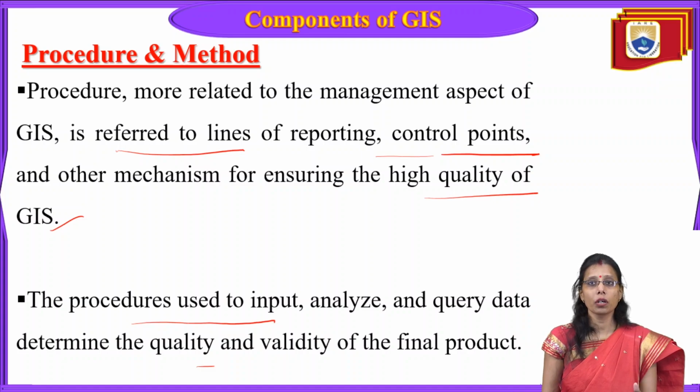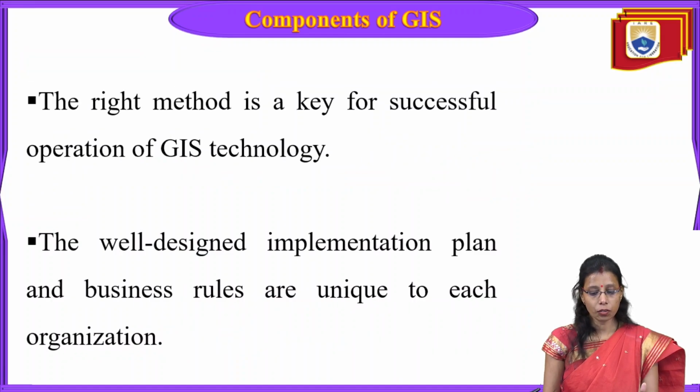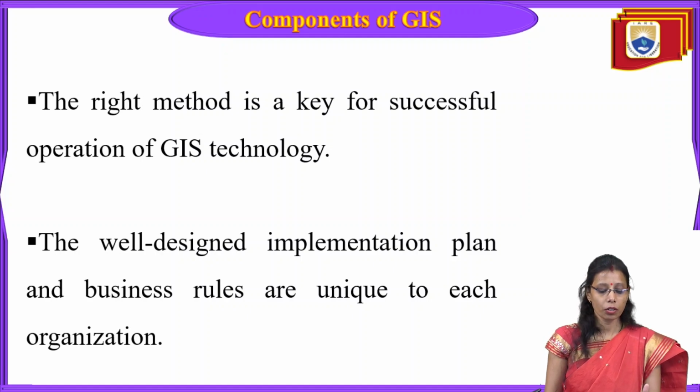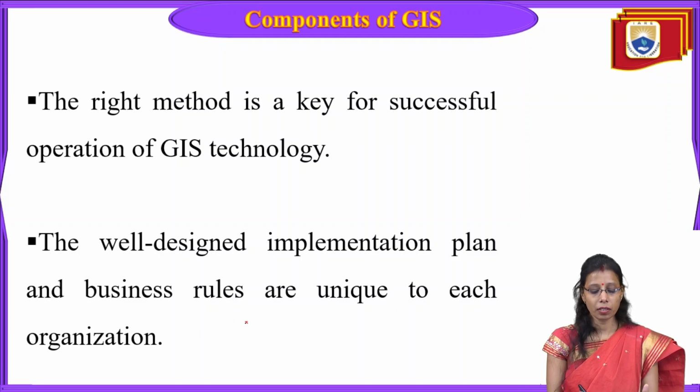So how to run the software, how to assign the points, how to add the spatial data, how to add the non-spatial data, or how to control the points, all that comes under the procedure and method, how to analyze the data, query the data, and finally get the final product out of that. So the right method is key for a successful operation of GIS technology. A well-designed implementation plan and business rules are unique to each organization.